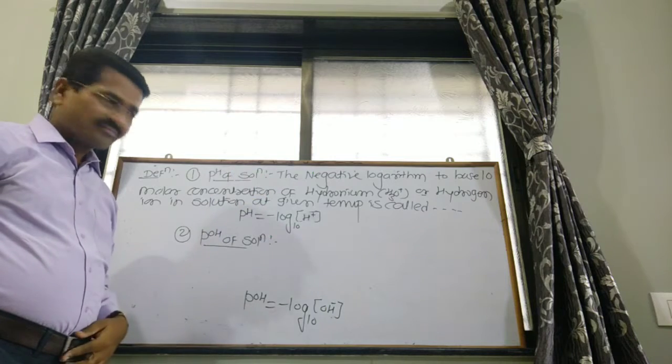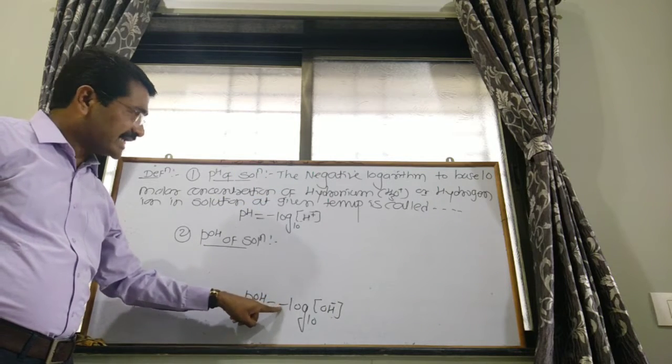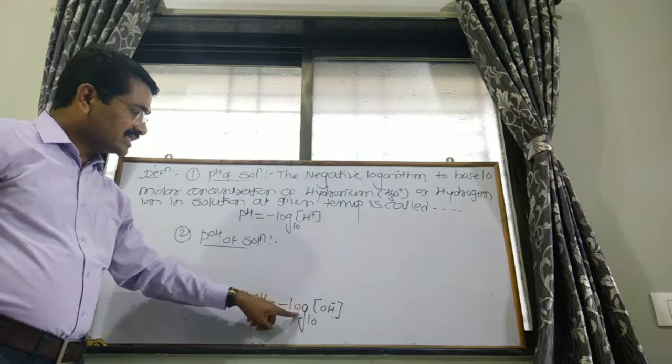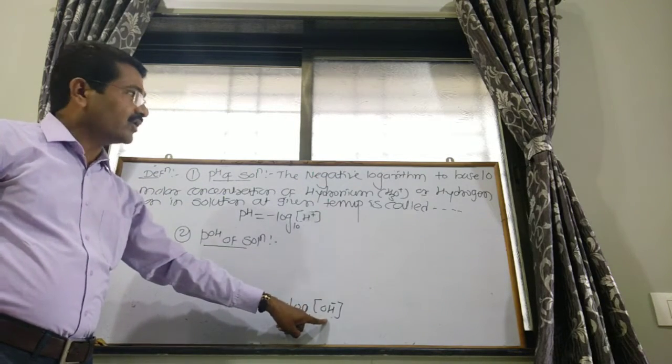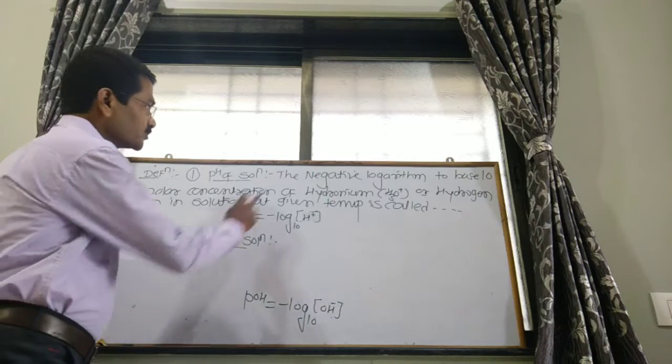Very simple. We know this sign is negative. This is logarithm, base 10. This is hydroxyl ion. So how to define pOH of solution?